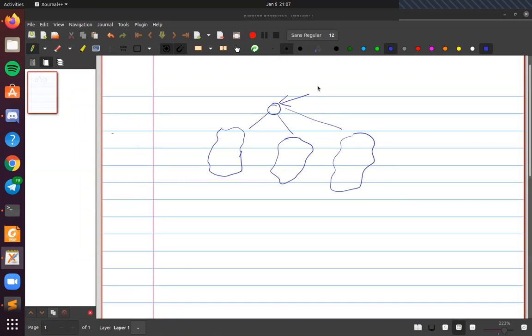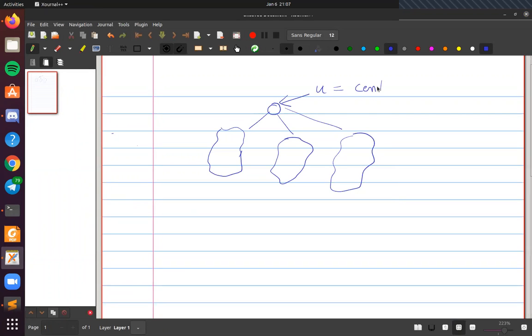A centroid is a node in a graph such that if you remove this node, the graph breaks into components, and each component contains less than n by 2 elements. Suppose this is a node u, then I call this u a centroid of my tree.